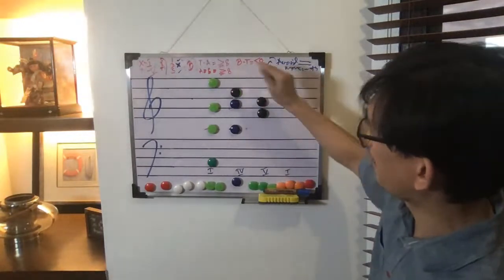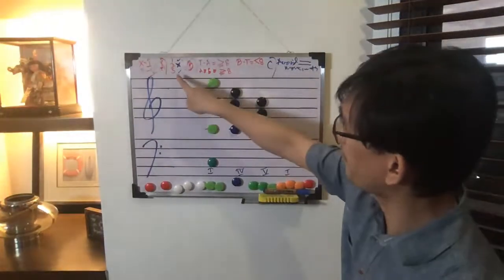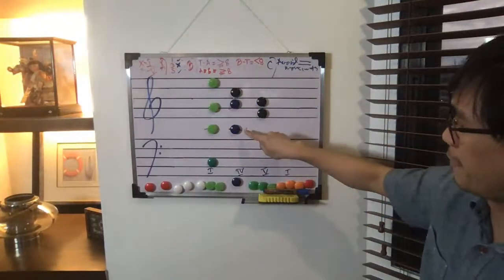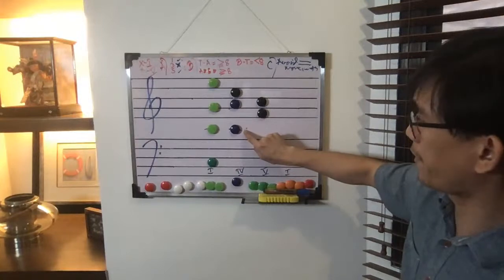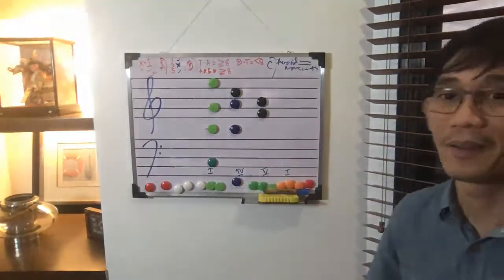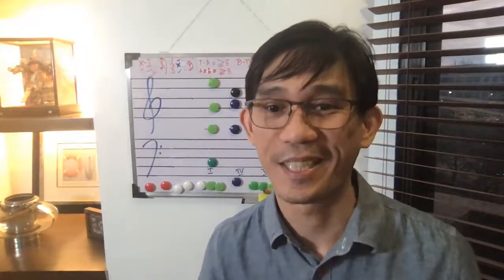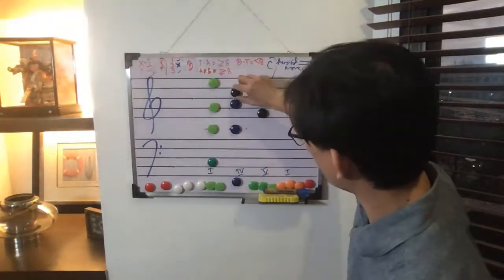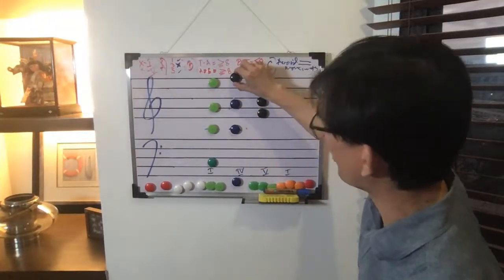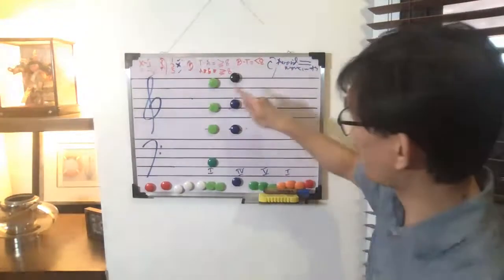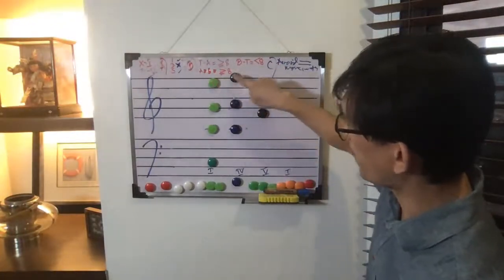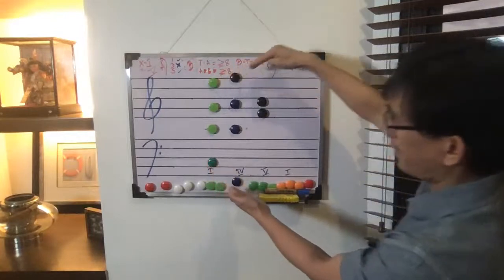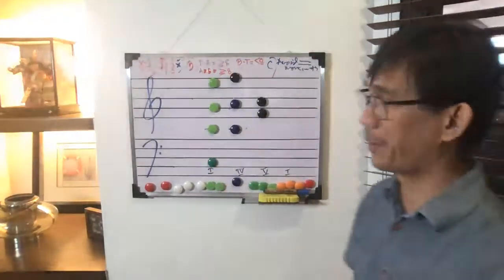So you can only double the fifth or the tonic. This is the fifth, this is the tonic. So now, yes, got it. This will go up to there. Problem solved. So now, the soprano went up while the bass went down.